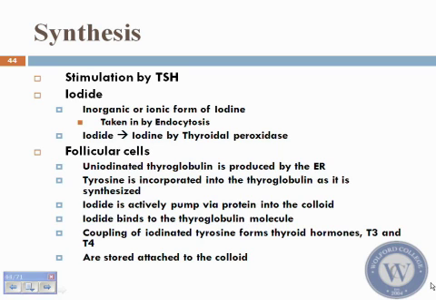The iodine begins to bind to the thyroglobulin molecule, and eventually you get a coupling of the iodinated tyrosine forms into different thyroid hormones, which are T3 and T4. T3 is really the one that's active, and T4 is not. They're then stored, attached to the colloid matrix, where they're kept in reserve.